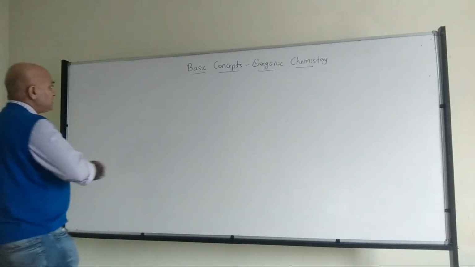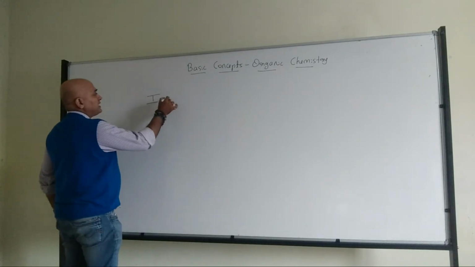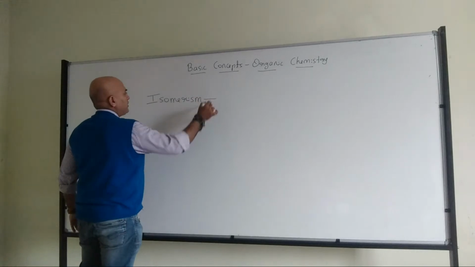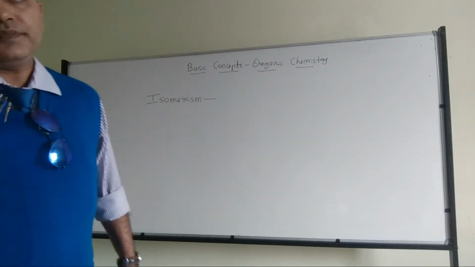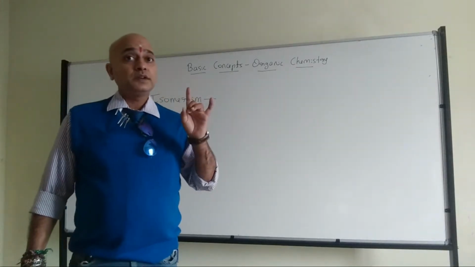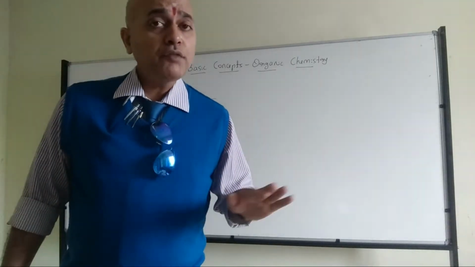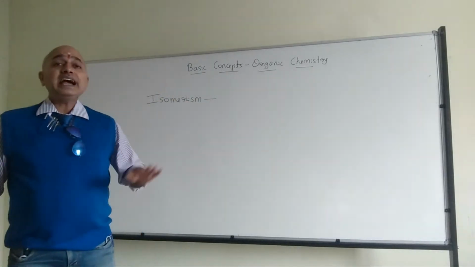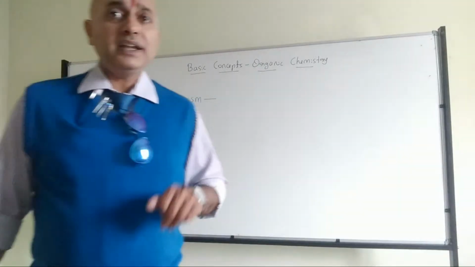Another important concept will be related to isomerism. But once again, I am telling you, you have to practice more questions on IUPAC nomenclature. Go to your sheet, go to your textbook, and solve as many as possible on IUPAC nomenclature.